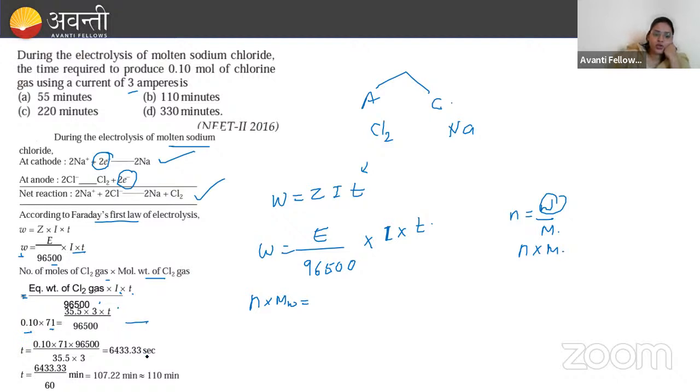Just solve this equation, you will get the answer in seconds. Convert that into minutes and you will get your answer, 110 minutes.